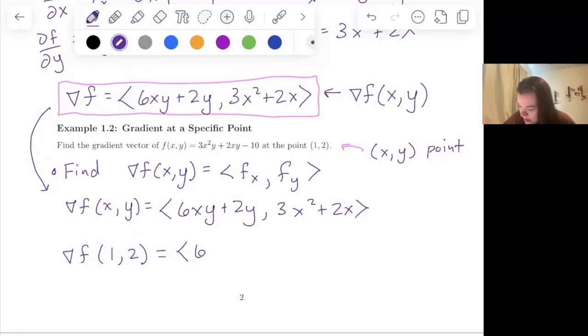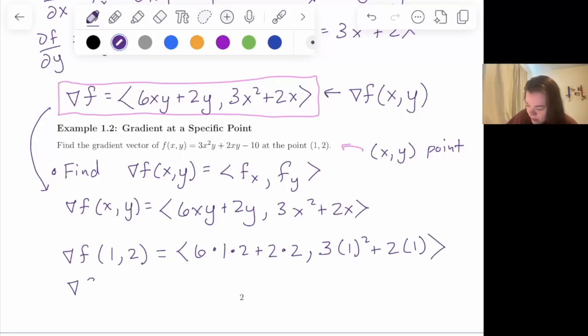So this will be 6 times x times y plus 2y. I'm just following the formula up above, putting it below with the x's and y's in place, and I'm just showing all those steps there. We'll clean this up in a moment. You can use the times sign, you can use parentheses for multiplication, all say the same thing.